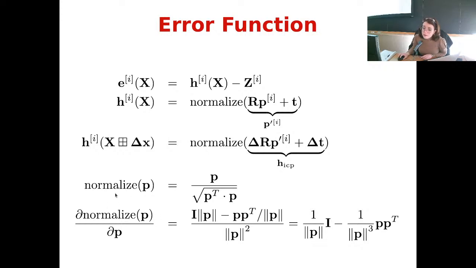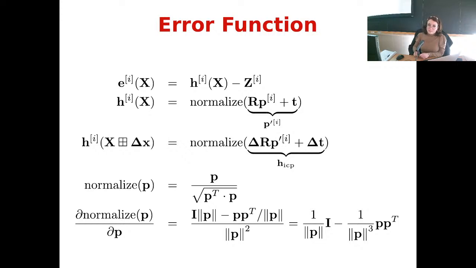Now, the derivative of the normalized function should be computed using the usual square of the denominator, and then at the numerator you have the derivative of the numerator times the denominator non-derived, and so on. But a question: how big is the Jacobian of the normalized function?